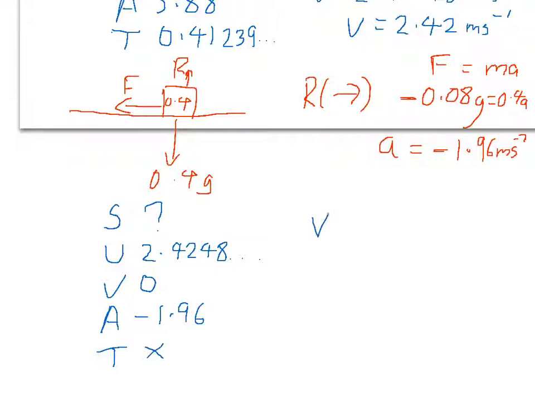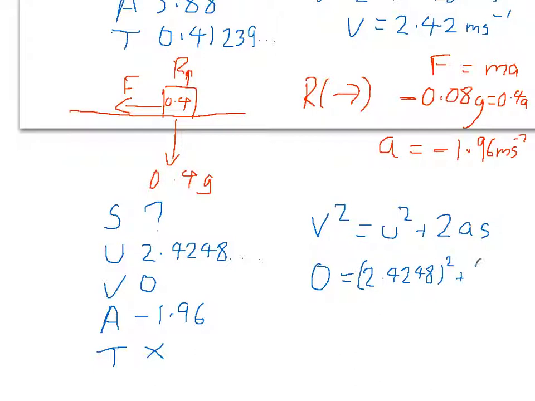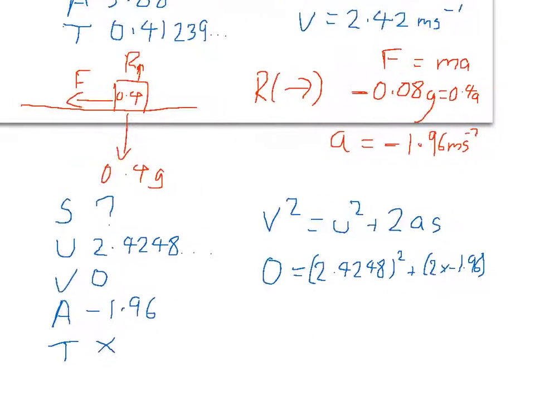So this means we're going to be using V squared equals U squared plus 2AS. So V squared is 0, U squared is 2.4248 squared, plus 2 times minus 1.96 times the distance.